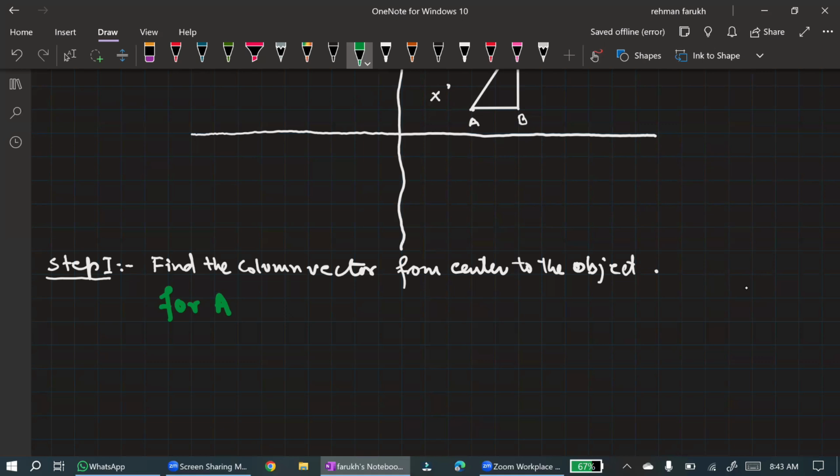Please rethink. Start from the center, end at A. Sir, 1, 1 minus 1. 1 minus 1. Yes, 1 and minus 1.